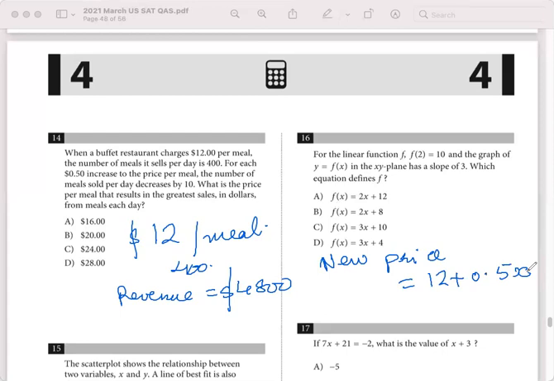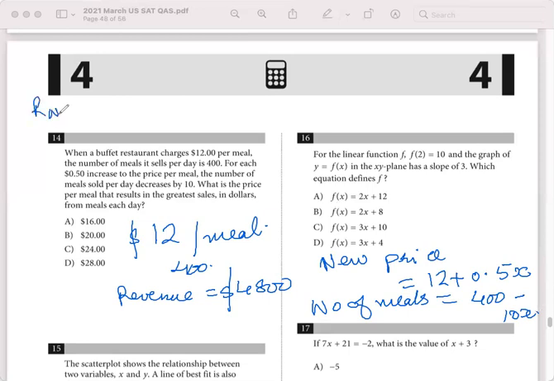And for each such increment, the number of meals sold is lost by 10. So number of meals will be 400 minus 10x, right? Because for every 0.5 increment, it goes down by 10. So if there are x 0.5 increments, the number of meals sold will go down by 10x.